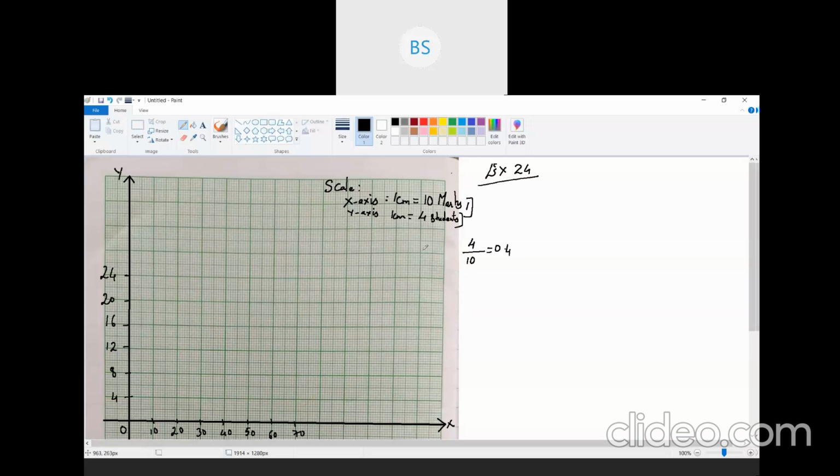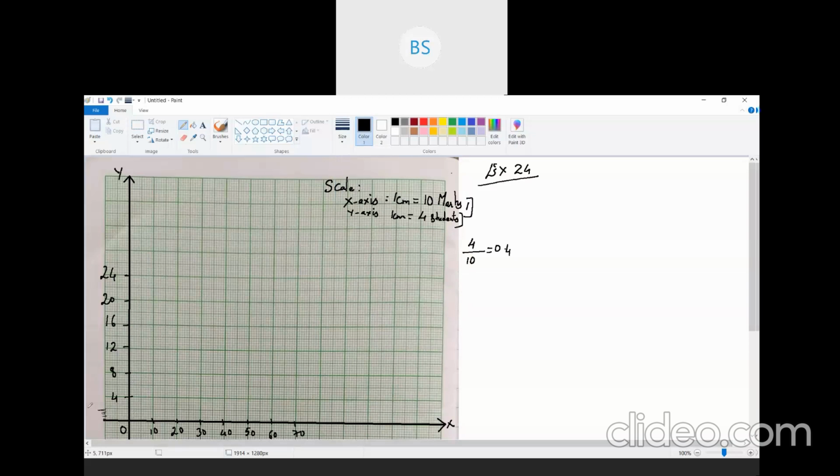So the first line after the origin will be 0.4. Then the second line will be 0.8. Third line will be 1.2. Fourth line will be 1.6. And this fifth dark line will be 2.0.